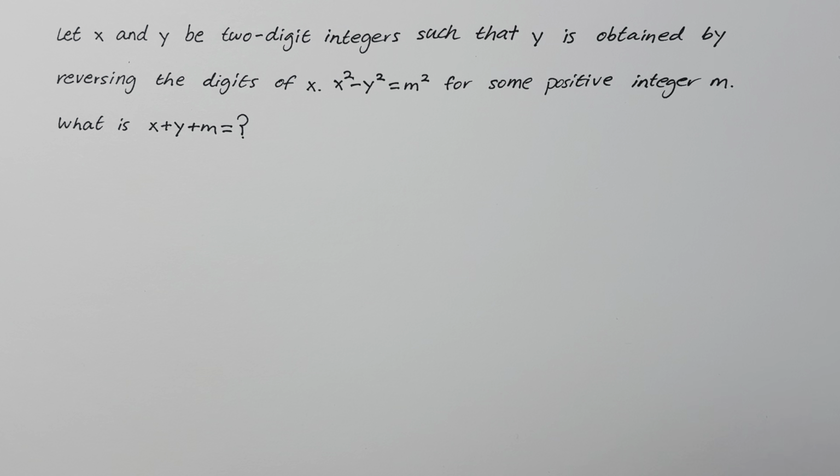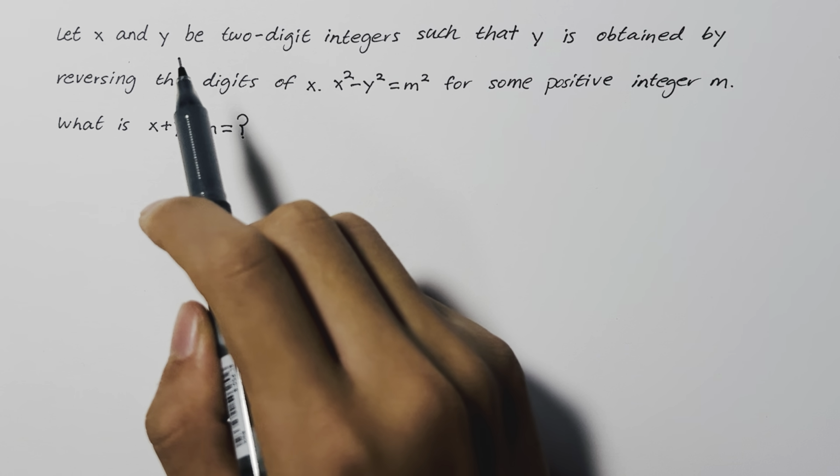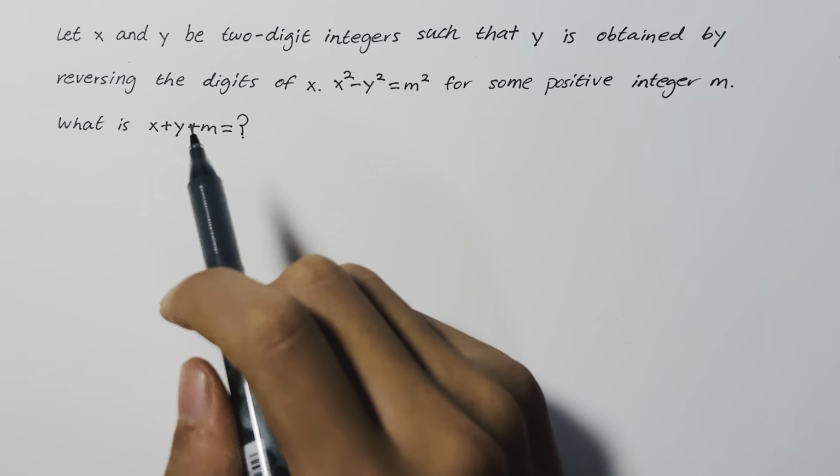Our first step here is not to guess, but to translate these words into a precise algebraic language. The most critical step here is to represent x and y. A two-digit number we can write as AB.